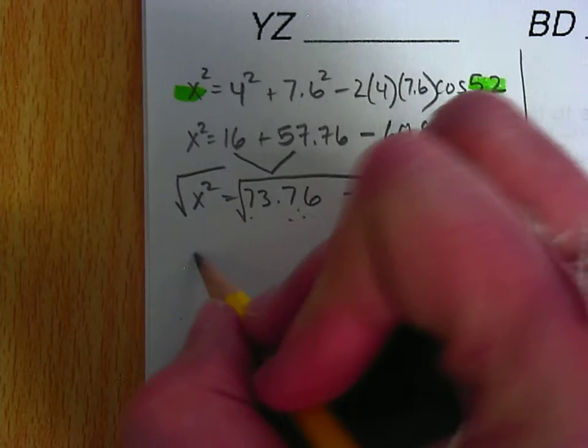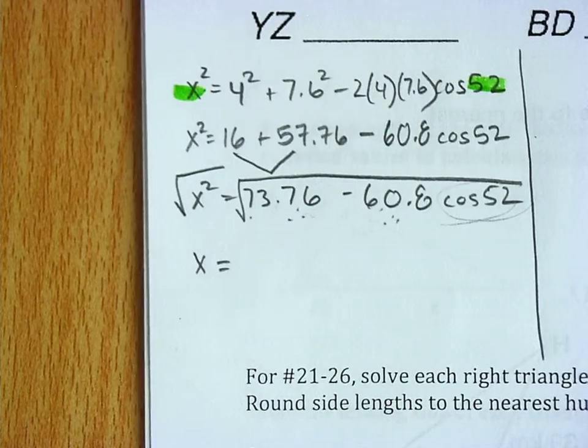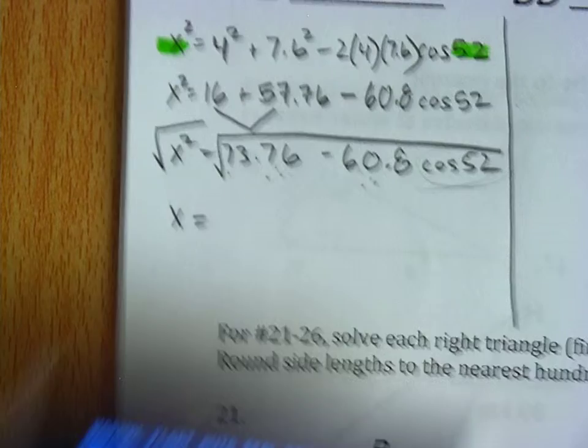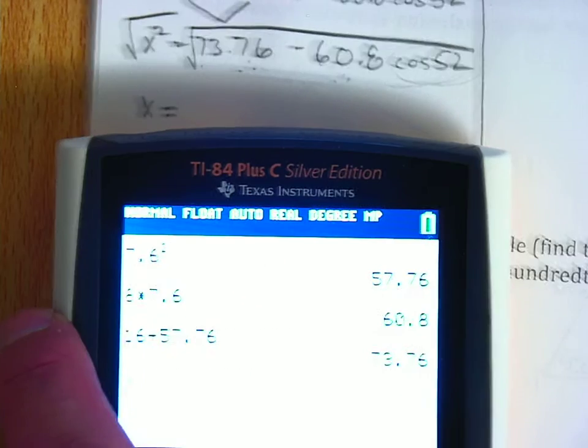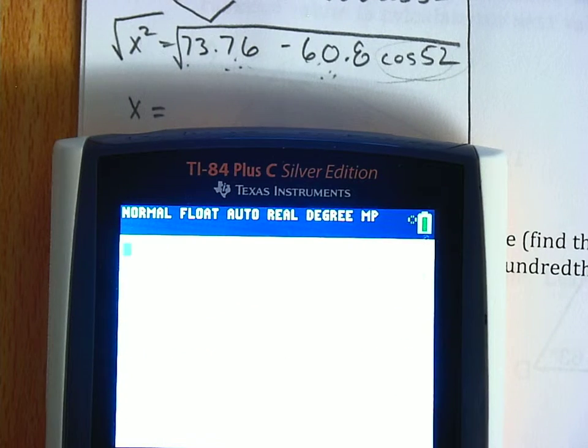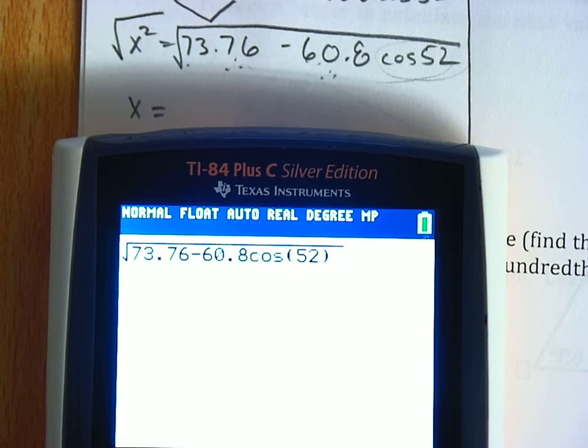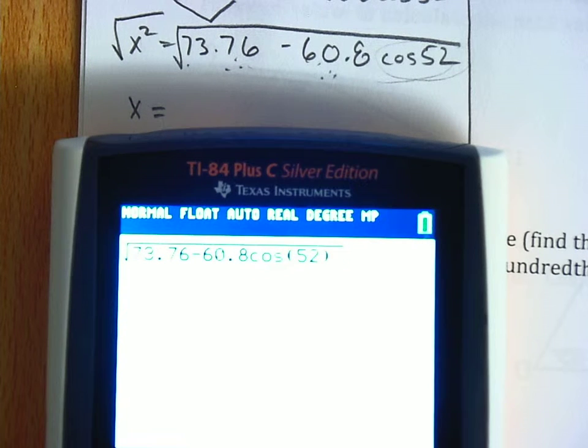But we can square root this whole thing, and we can do it just by typing it into our calculator exactly how we see it. So if that's what we've got on our paper, we just do second square root of 73.76 minus 60.8 cosine of 52. Just like that. Just like we wrote it on our paper.